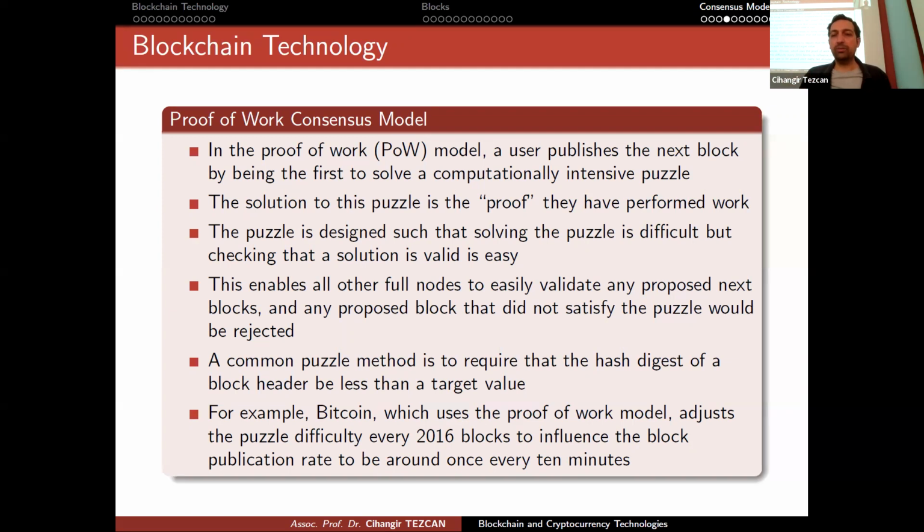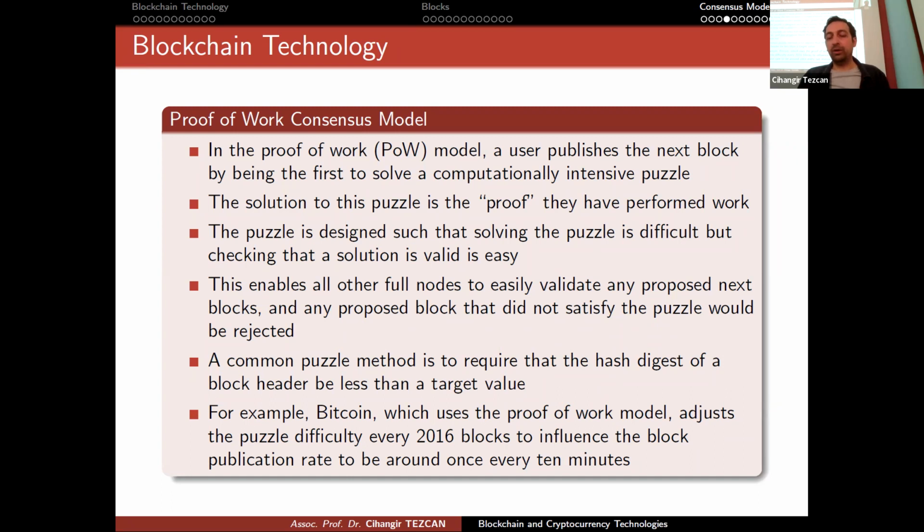But assume that everybody bought hardware, and assume that now the world hashing power is doubled. So we will start to find blocks in 5 minutes instead of 10 minutes. So most of the blocks now will be created in 5 minutes. But once we mine 2016 blocks, which on average equals 2 weeks, the software just looks at how many minutes it took to find these 2016 blocks.